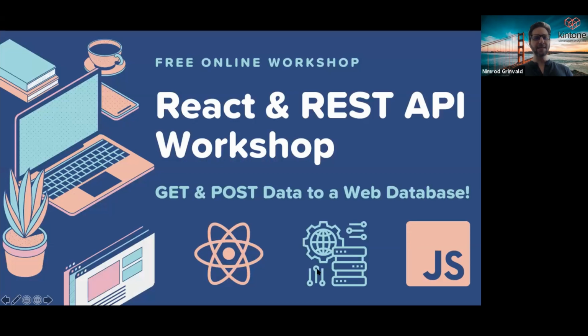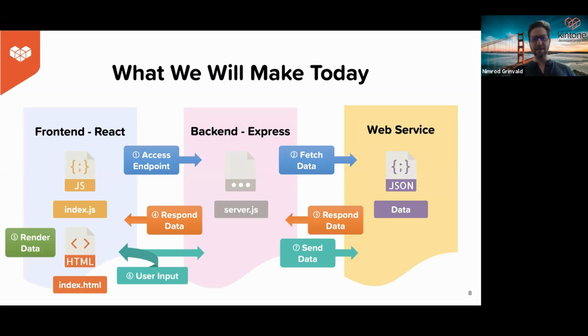Let's get to it. A REST and React workshop. We're going to be getting and posting data to a web database. What we're going to be covering today is we're going to create a React front end. That's going to be the page that we can go to on our browsers, and in interacting with it, we will be interacting with a backend that we'll be passing information to.